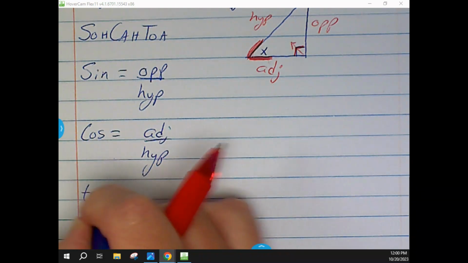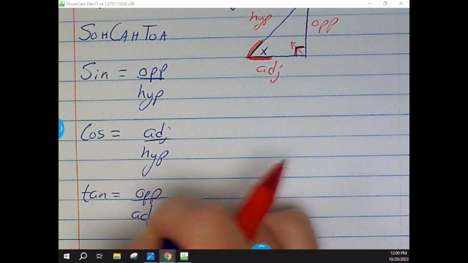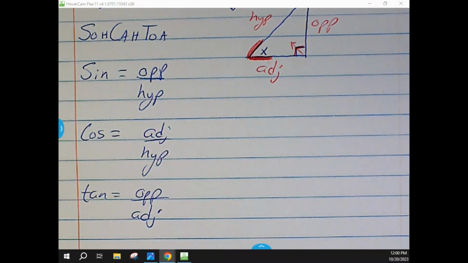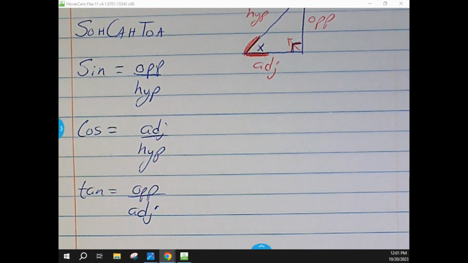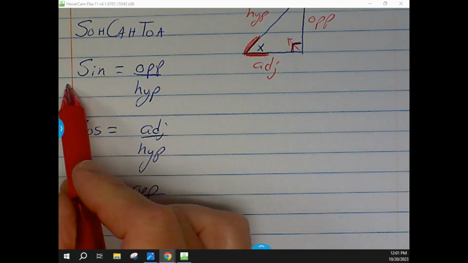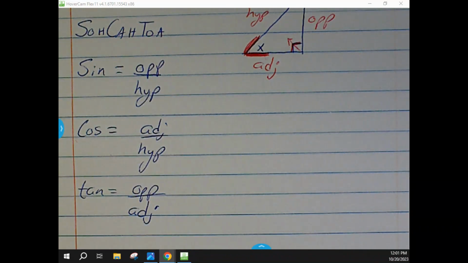Y'all can get them here in a second. And then tangent is opposite over the adjacent. Okay. So that's where we got the SOHCAHTOA, where if you take the first letters, S-O-H, C-A-H, and T-O-A, that's where we got the SOHCAHTOA.